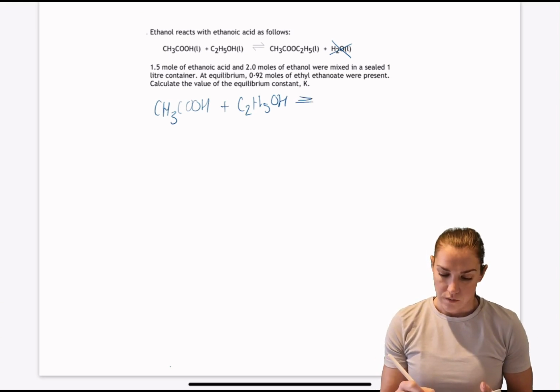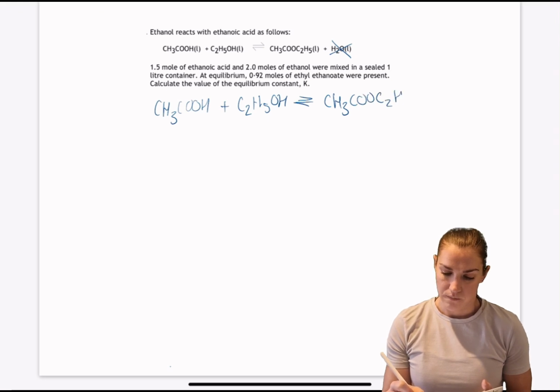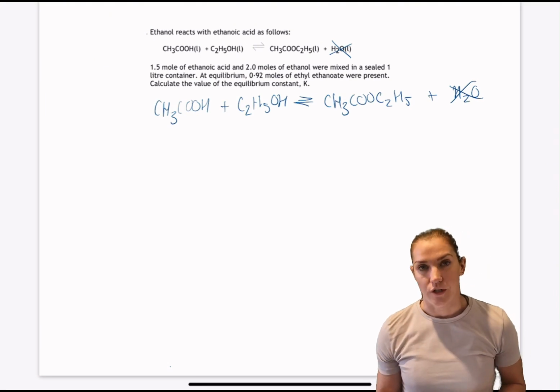So it's just the other ones that we really need to worry about. So copy the equation down, and then I'll just remind myself that I don't need to worry about the water.